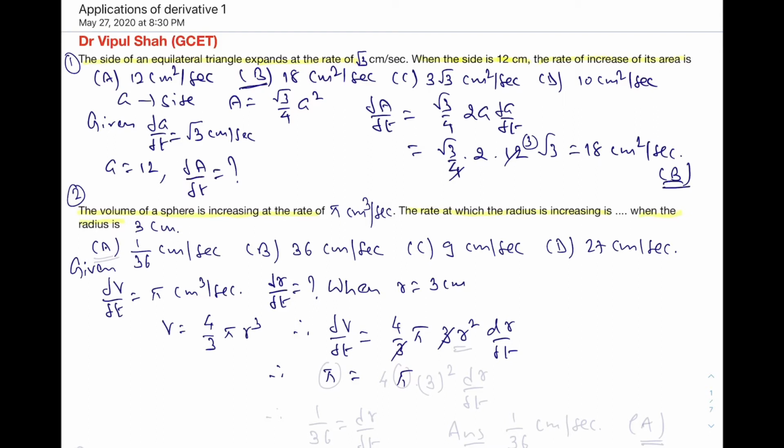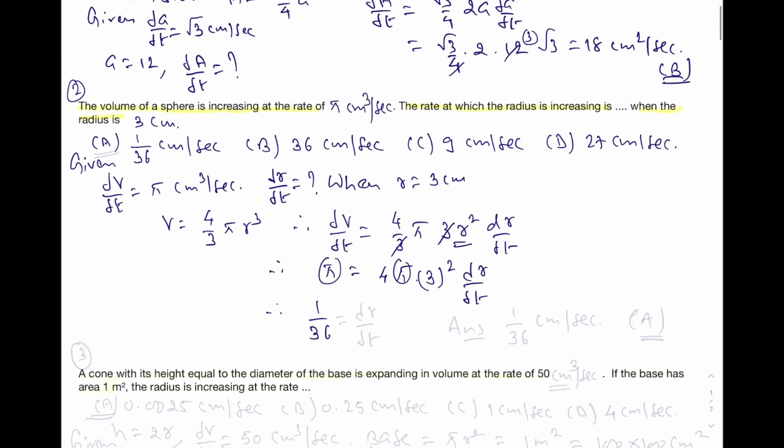Next step, pi also cancel, 4 pi r is 3, so this is 3 square and dr by dt. So now this pi is also cancel, 3 square is 9, 9 4s are 36, so this is 1 by 36 dr by dt. So answer is 1 by 36 centimeter per second. So this option A is the answer.